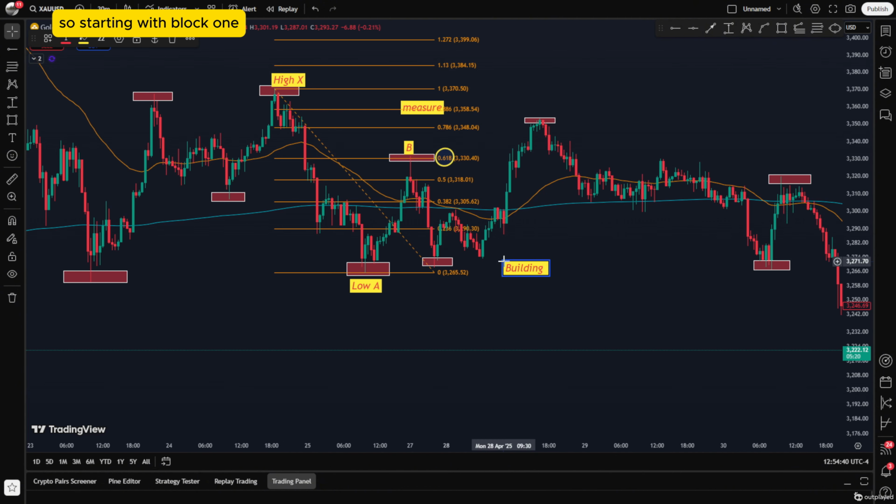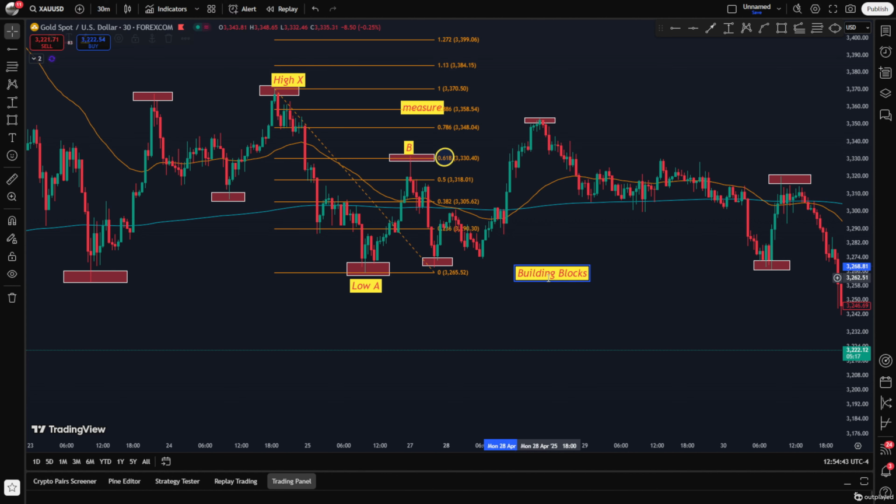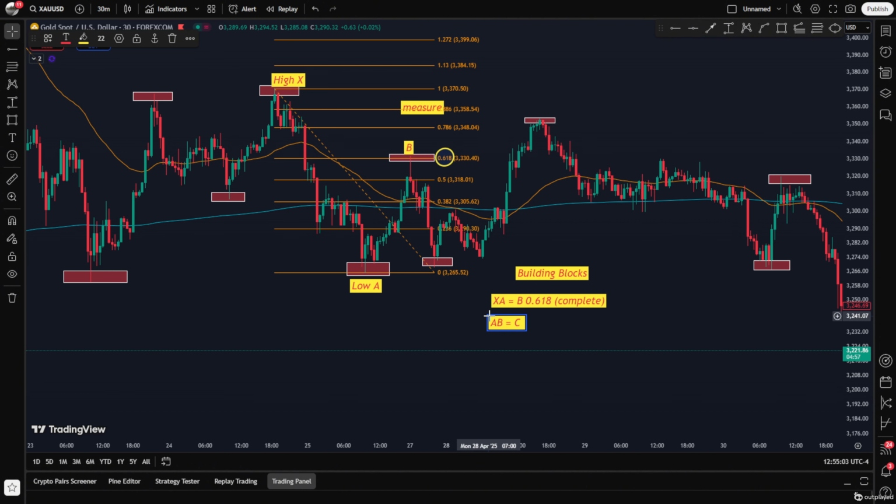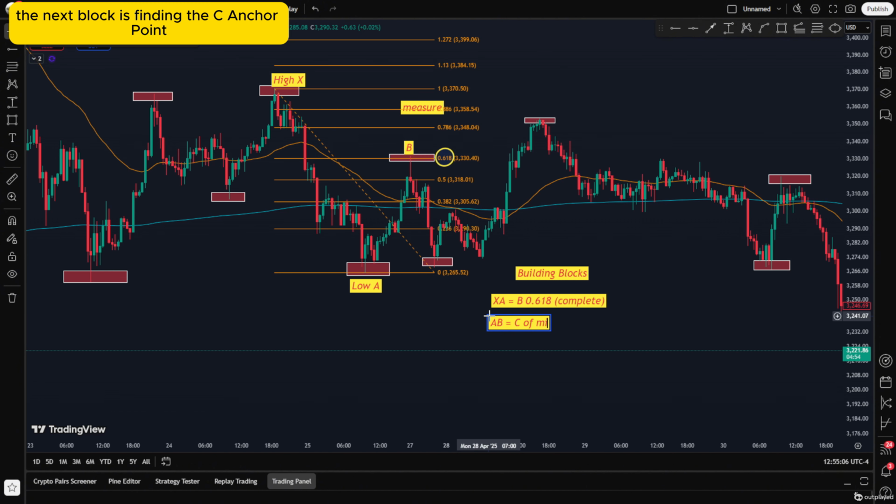So, starting with block 1, your Fibonacci from point X to point A must give a retracement of the 0.618 for the B point, and that job is complete. We found it here on gold. The next block is finding the C anchor point.